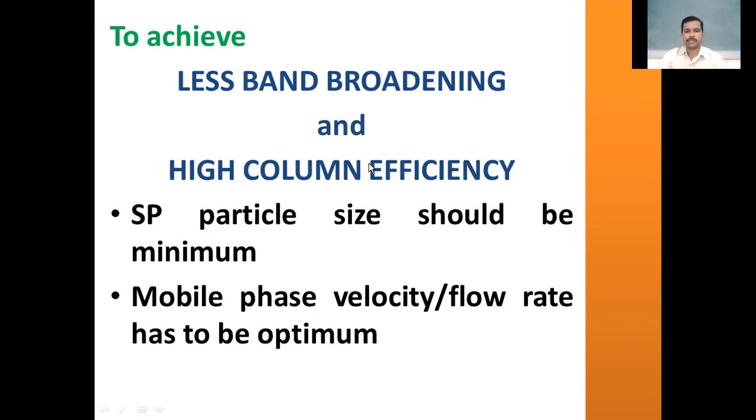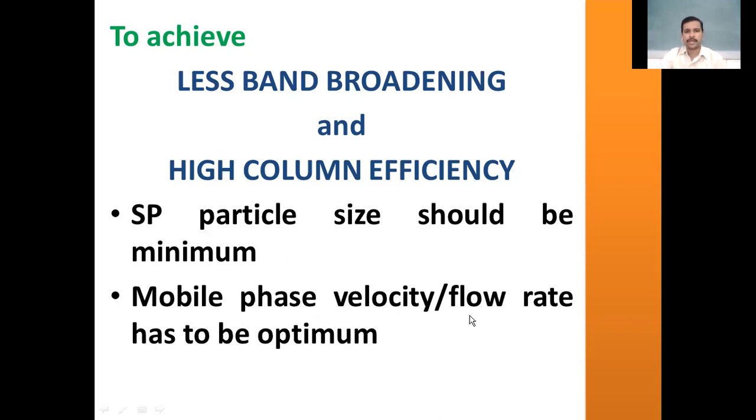So column efficiency is very important, and this high column efficiency is due to lower band broadening or lower zone spreading. In order to achieve this, you have to use a stationary phase particle of smaller size. Always minimum particle size is recommended for the stationary phases, and homogeneous packing must be maintained. Uniform particle size and homogeneous packing must be maintained. Optimum mobile phase velocity must be obtained.